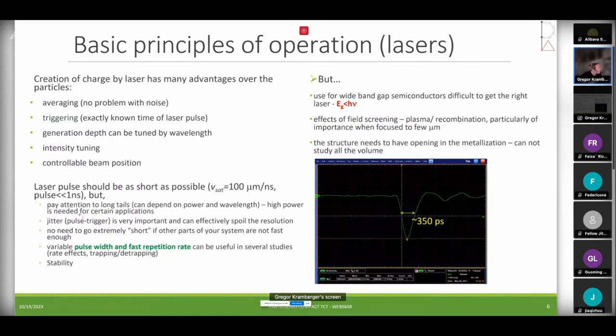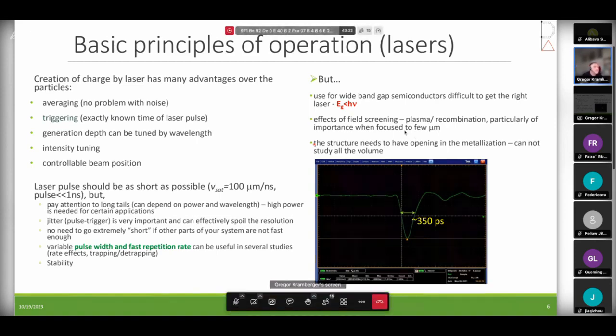What you have to pay attention to with the laser is that you don't have any bleeding. So the pulsed laser should really have no photons outside the pulse itself. It cannot be that you just modulate it or something. It really needs to be without any photons outside of the pulse.